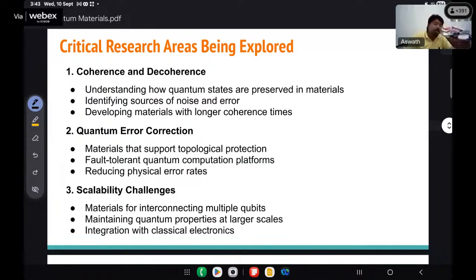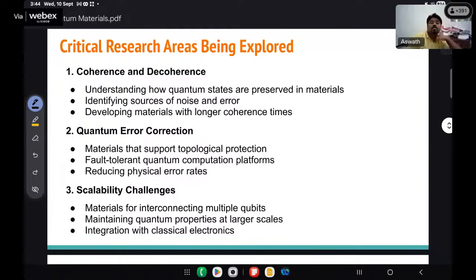If you see here, as of now, qubits are fragile and prone to external disturbances. Because of that, the coherence of the qubits is disturbed and they decohere.